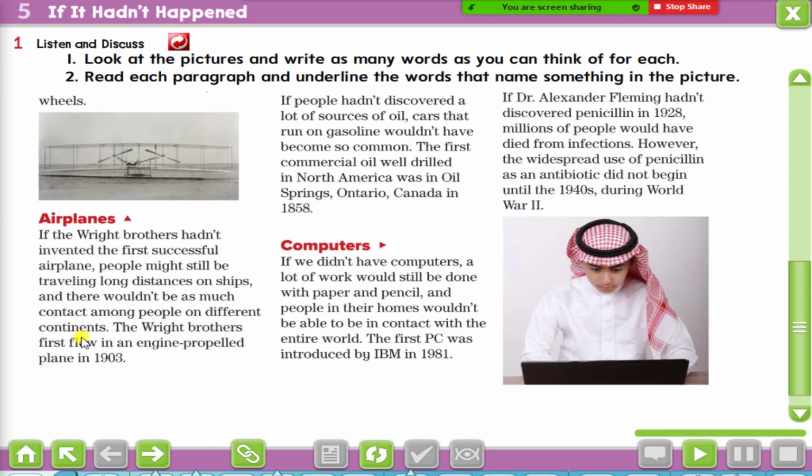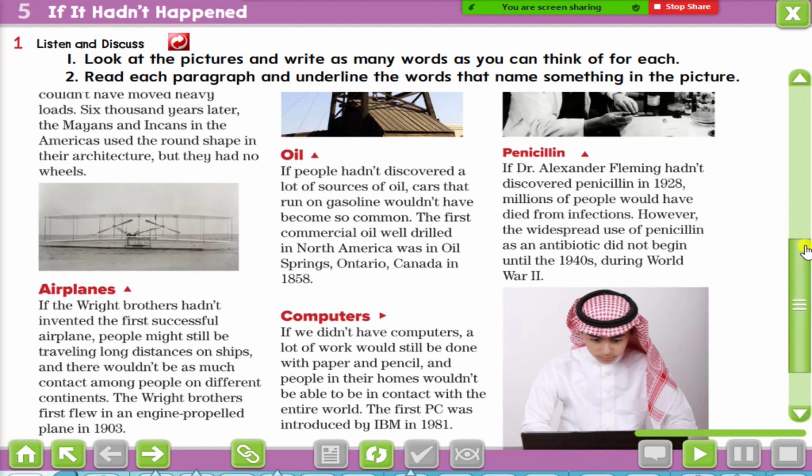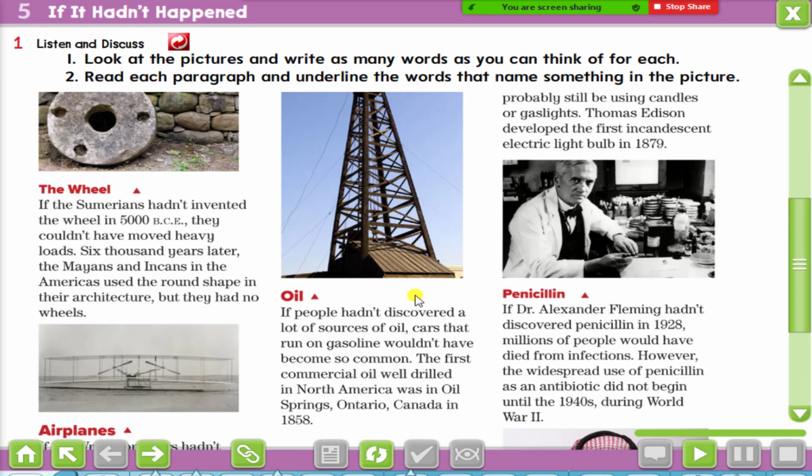Different continents. Continents means the Africa continent, the Australia continent. These are the continents. Okay. Next invention, oil.